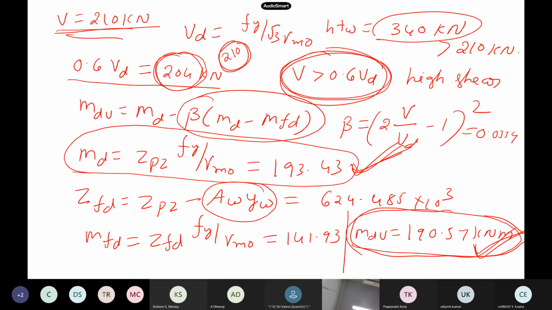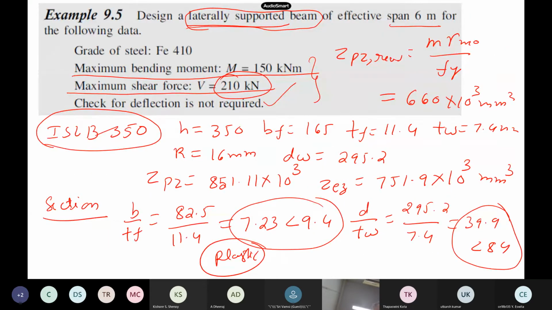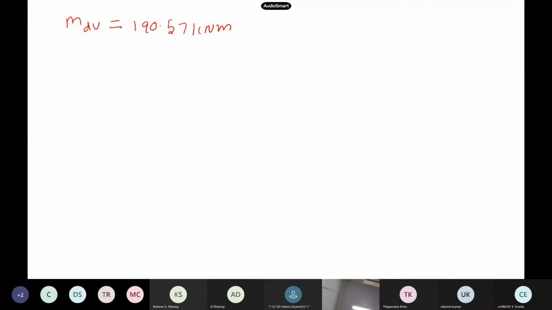It is 150. So what is your comment, is it safe or unsafe? It is safe. The bending capacity is fine.